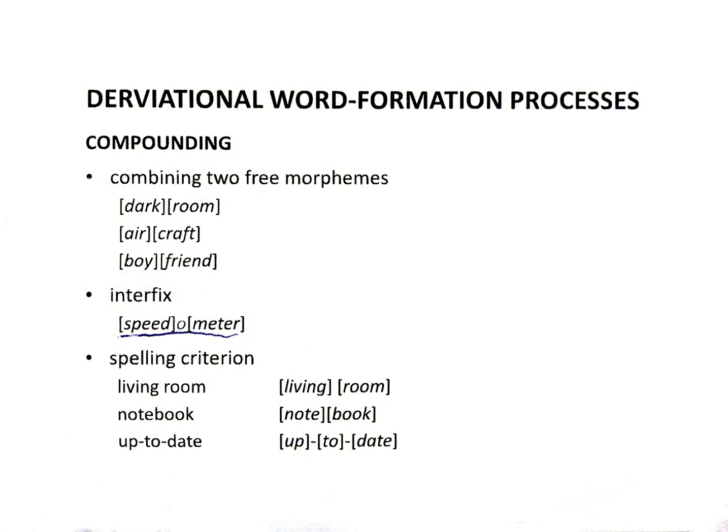The first one is adding the interfix between two free morphemes. In this case, let's take the word speedometer. We can see that there's an interfix O between those two free morphemes, speed and meter.